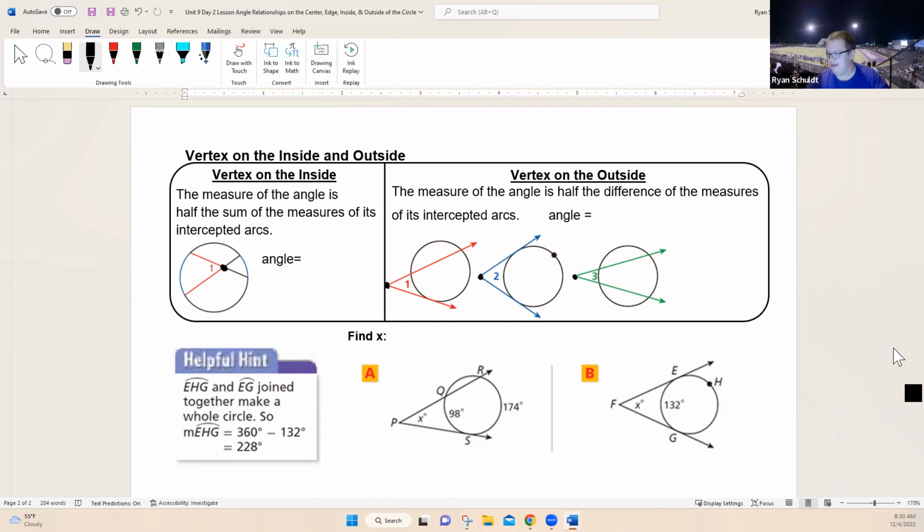So if it's on the inside, if we call this one angle 1, the one right across from it, angle 2. Again, notice this is not in the center.